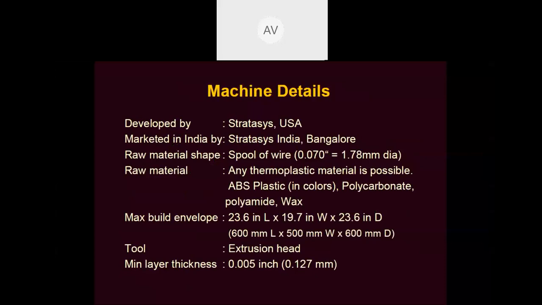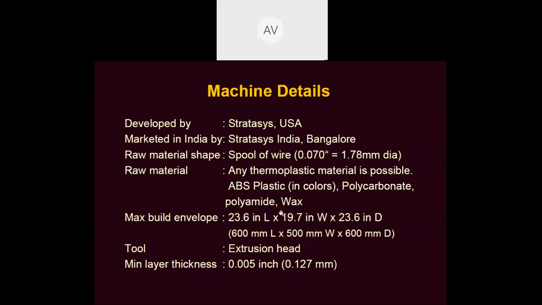Then this is one machine specification. It is developed by Stratasys USA, and this is how the machine is defined. It is marketed in India. The raw material is a spool of given diameter, and any thermoplastic is possible: ABS plastic in colors, polycarbonate, polyamide, wax.